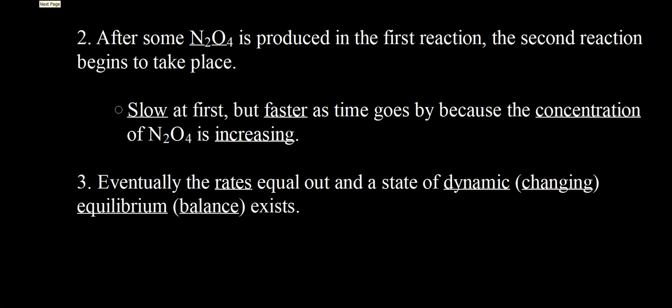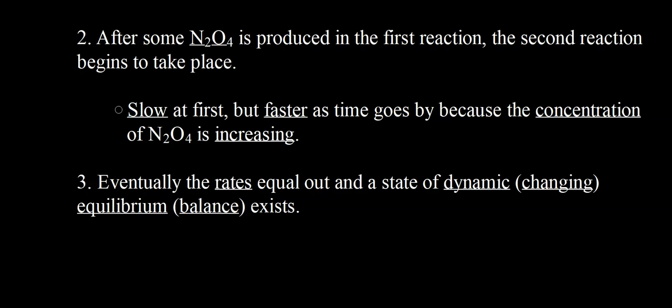So the first reaction is going to produce some N2O4. After N2O4 is produced in the first reaction, the second reaction begins to take place. Now this reaction is slow at first. Why? Well, just after the reaction begins, you have very little N2O4. So the concentration is really low.